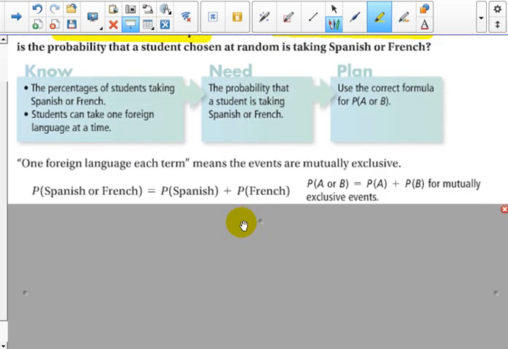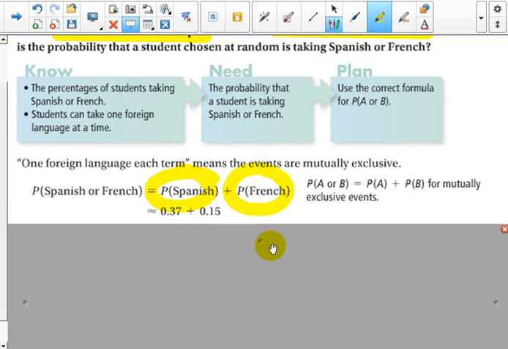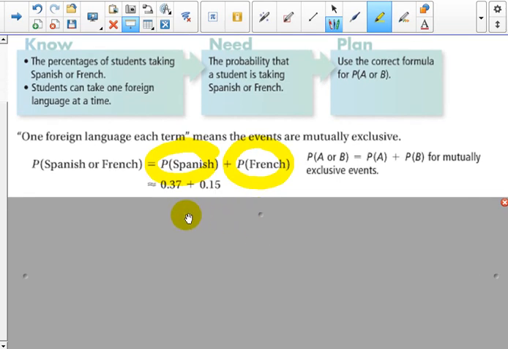So we know we're going to take the Spanish plus the French, and then we're going to do that first. And they are mutually exclusive because they can either do one or the other. They can't do them together. So they went ahead and put them in decimal form. 37 over 100 is 0.37, and 15 over 100 is 0.15.